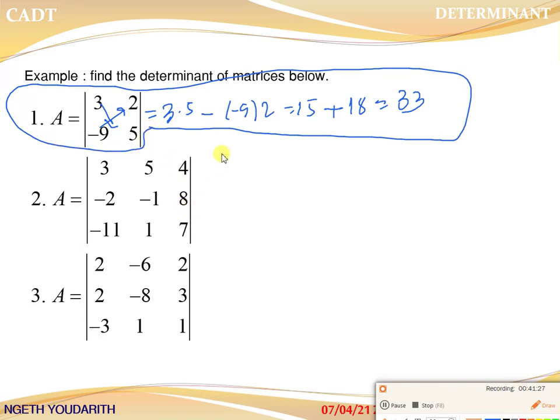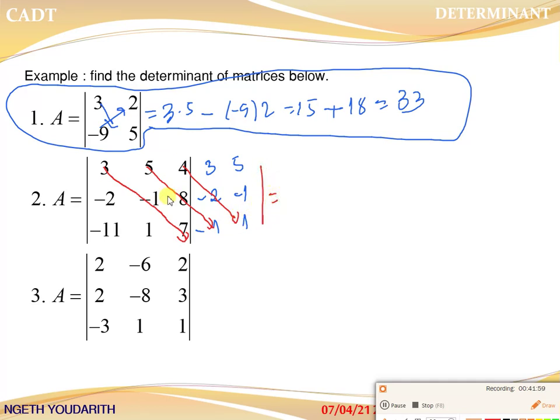And about this matrix, you can put 2 rows: 3, 5, minus 2, minus 1, minus 11, and 1. We start from the positive number, this one, and this one.